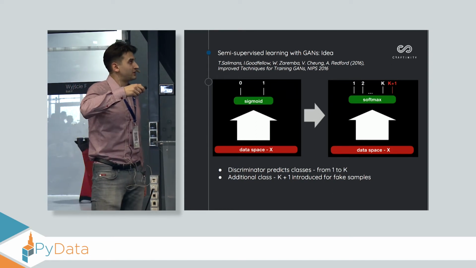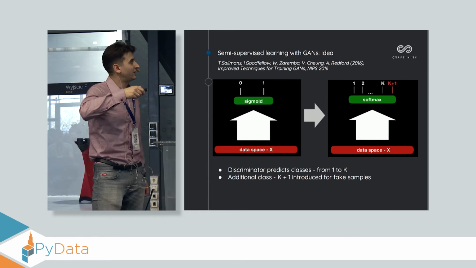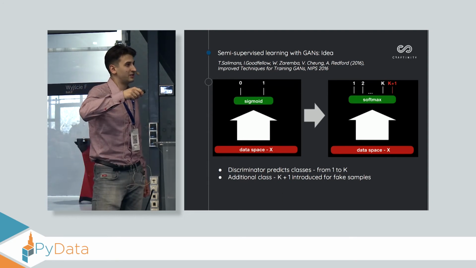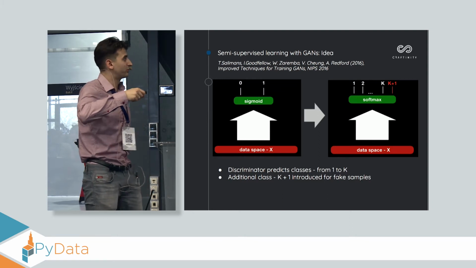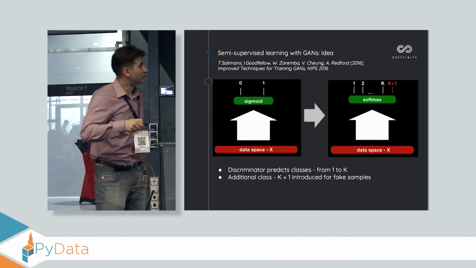We extend its output from 0 and 1 to predict all K classes, plus we add an additional K+1 class, which is responsible for predicting that the sample fed to the discriminator is fake.